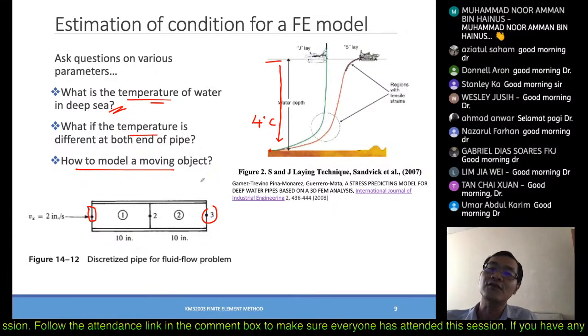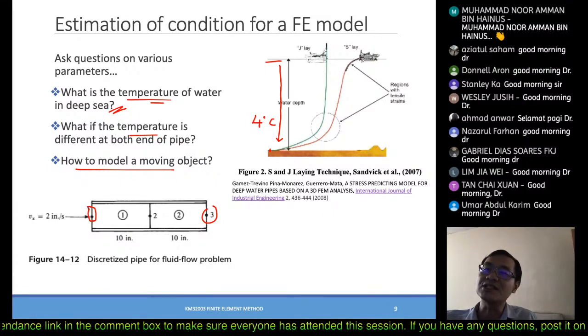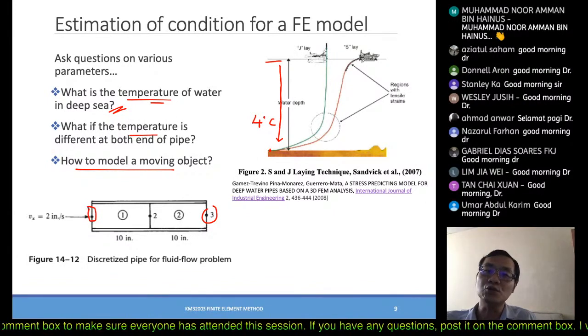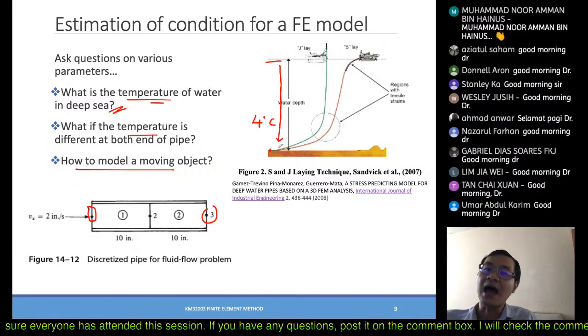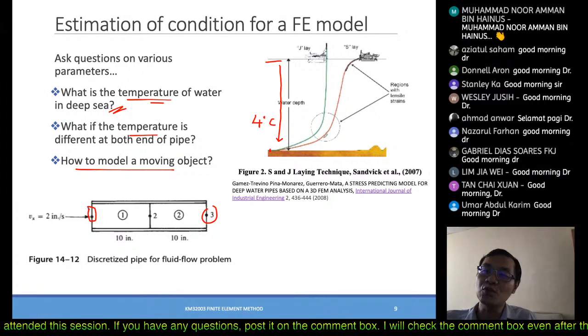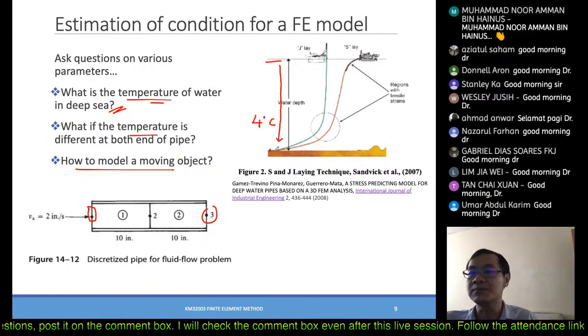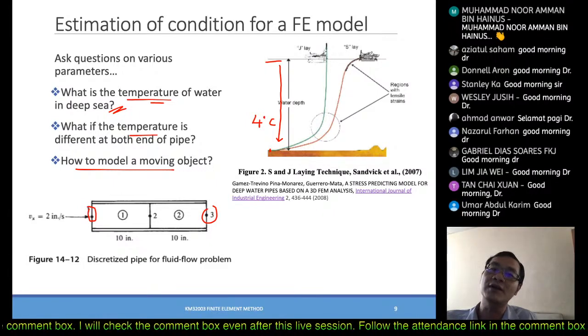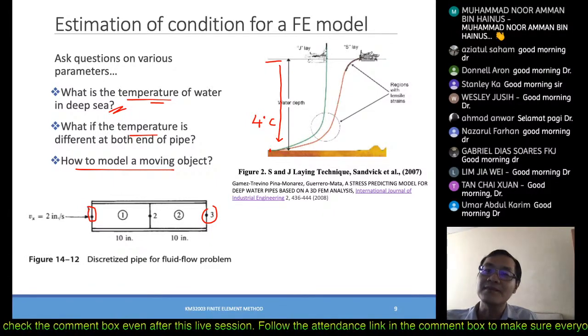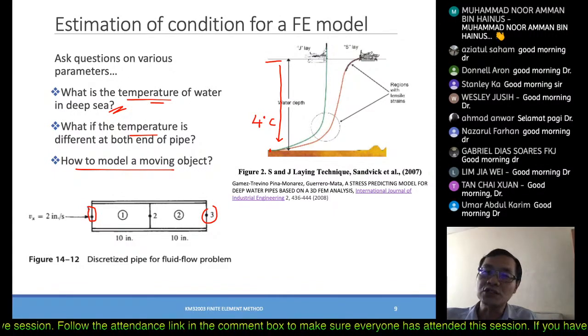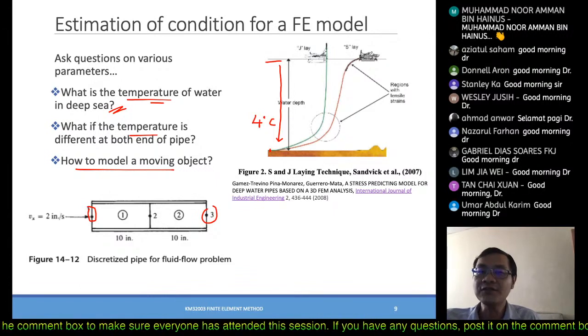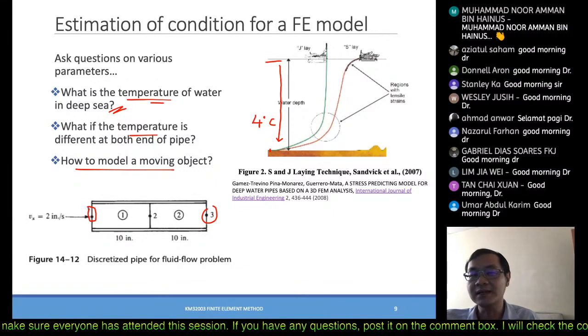If the temperature difference is very high and we intend to investigate how the fluid flow will increase or decrease throughout the pumping of this whole length of pipe, then we should consider that. Or else we just use an average temperature between both ends, if the difference is not too high.